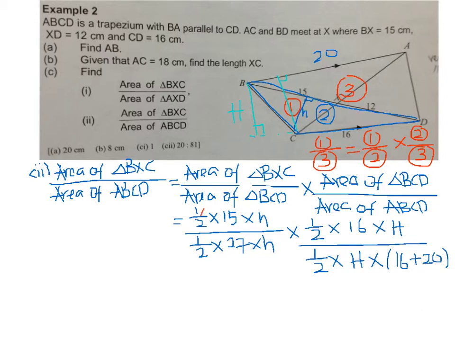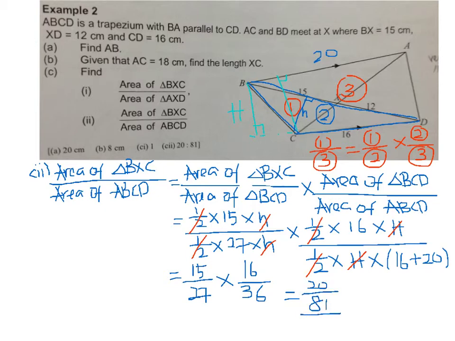So next thing we can do, simplify our equation by removing the common terms, and we will have 15 over 27 multiplied by 16 over 36. So if you simplify this, our final answer will be 20 over 81. So this is the answer given at the bottom.